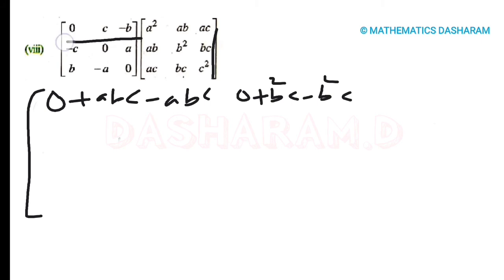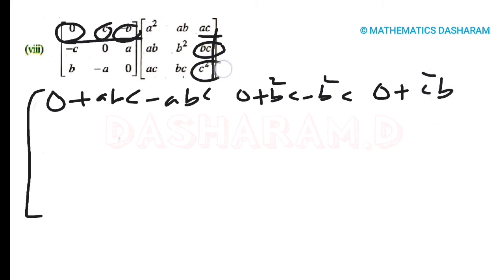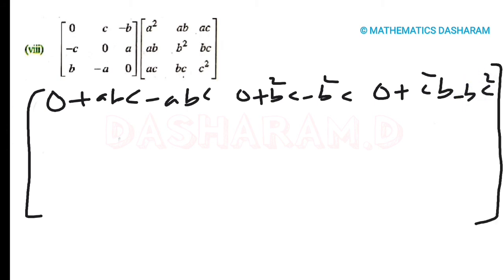See here, 0 into ac is 0, c into bc, c square b, okay. Next, minus b into c square, minus bc square.